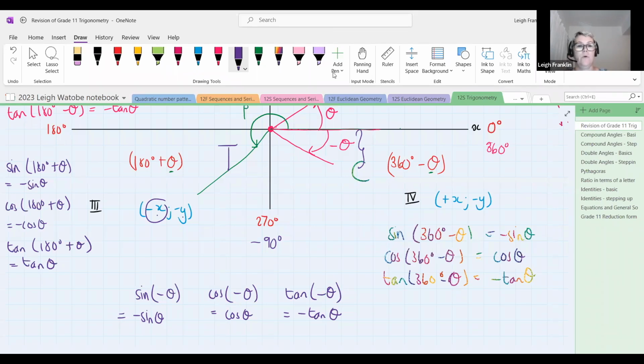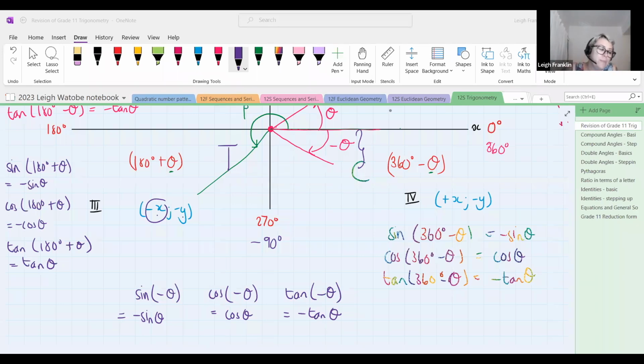Yes. Okay. Ria, go for it. You're welcome to unmute and speak. Ma'am, I wanted to ask, are those all the co-ratios, just sine and cos? They're the only two that complement each other that you need to worry about in CAPS for now, yes.